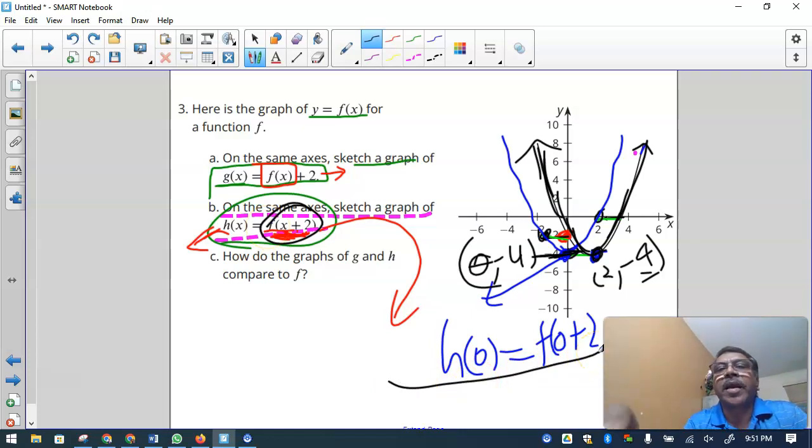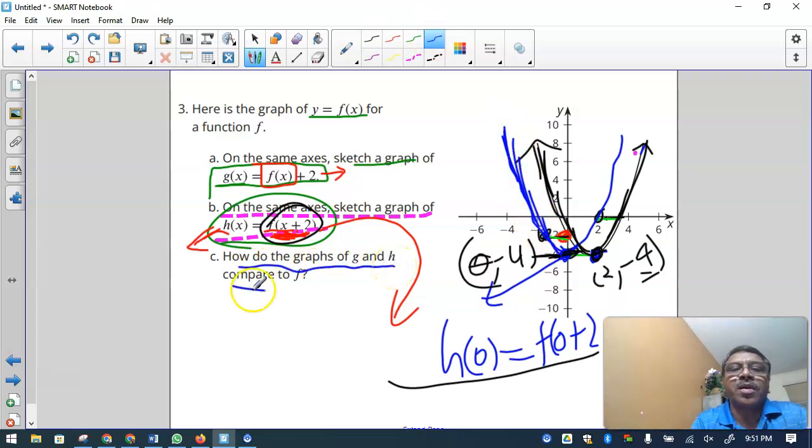So you're supposed to sketch the graph below. The main thing is the graph shift. So how do the graphs f and g compare? In this case, this graph is a translation of the black graph shifted 2 units to the left. And the other one, which I think I wiped off, was going 2 units up.